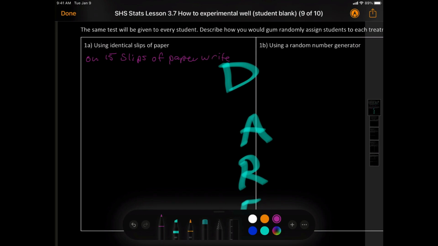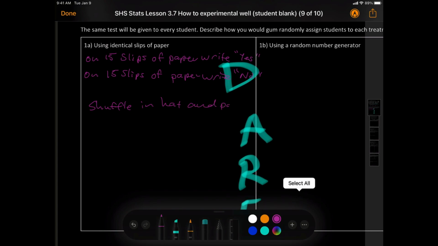So you can write something like yes, which means they get the mint gum, and on 15 slips of paper, write no. Okay, how do we assign or give this out? Basically, we shuffle in a hat, or somewhere, and pass out to the 30 volunteers.